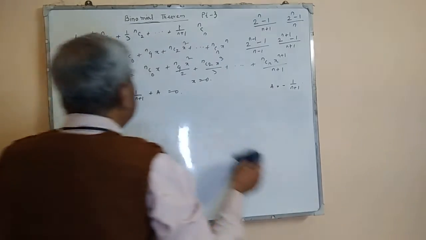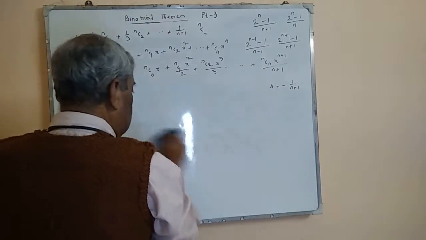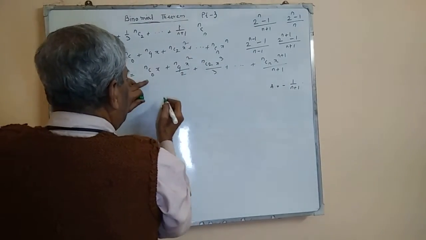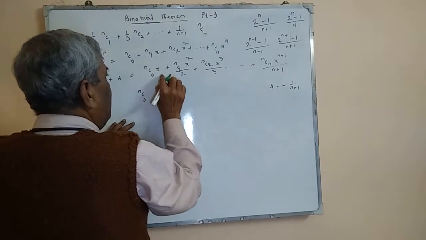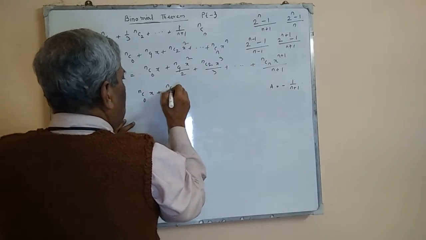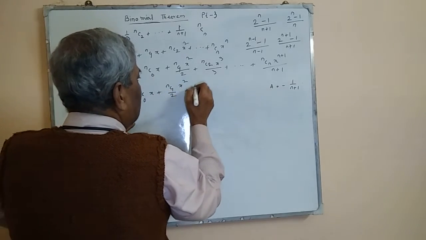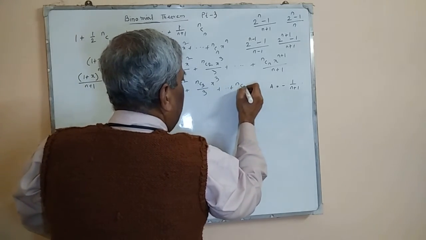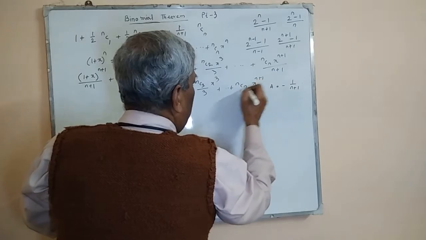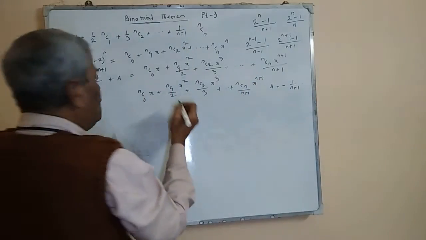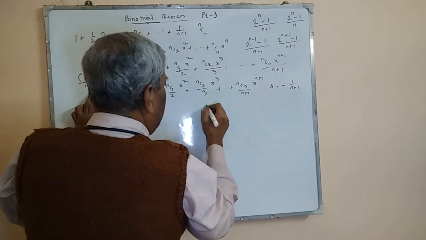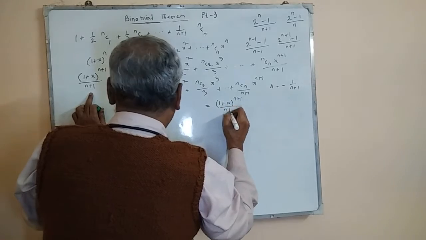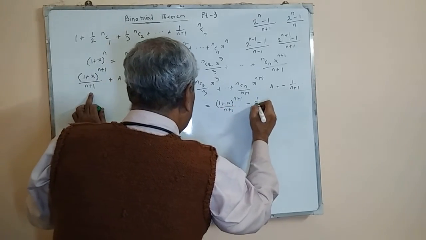Therefore, this series becomes, I am writing the right hand side first, nC0 x plus nC1 x square by 2 plus nC2 x cube by 3 up to nCn x to the power n plus 1 by n plus 1, and this series is equal to (1 plus x) to the power n plus 1 by n plus 1, a is minus 1 upon n plus 1.